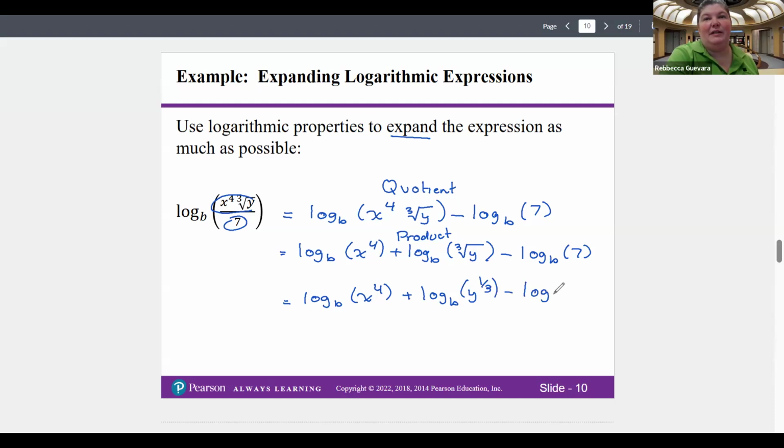And then we just have minus log base b of 7. Remember, 7 just has a power of 1 on it, so there's not much we can do. So if I use my power rule, that 4 comes out front, and we have 4 log base b of x plus 1/3 log base b of y minus just log base b of 7.